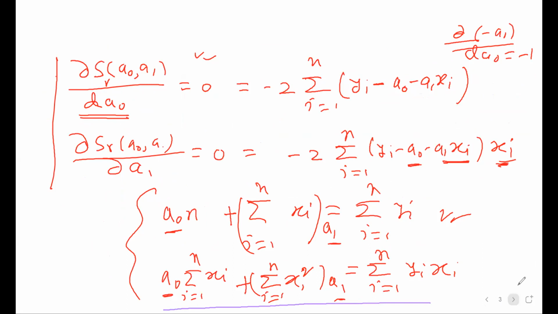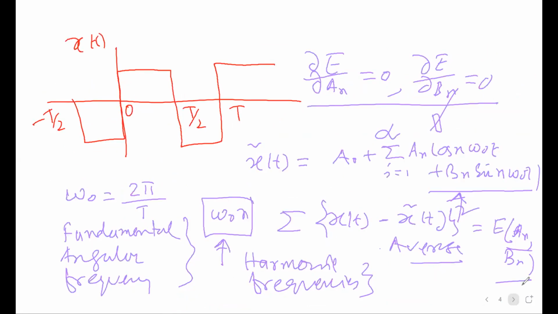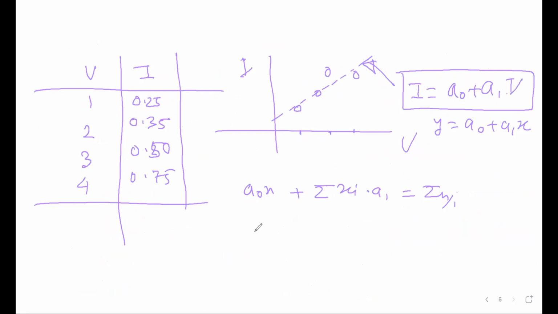A0 into sum of Xi plus A1 into sum of Xi square is equal to sum of Xi Yi, isn't it? Yes, sir.